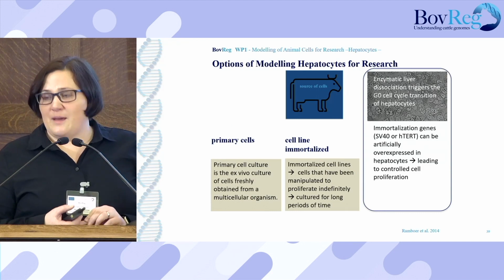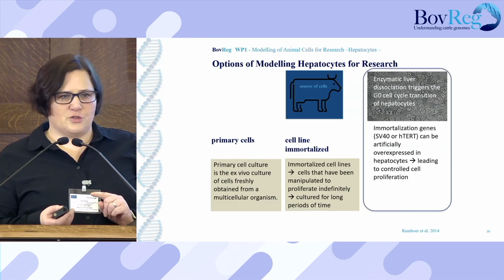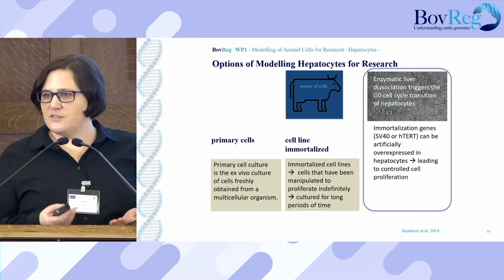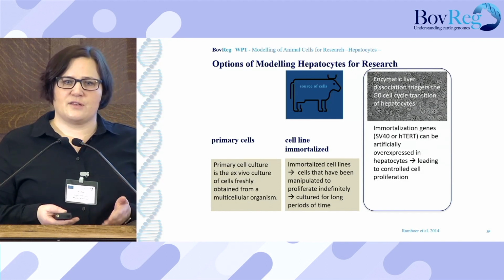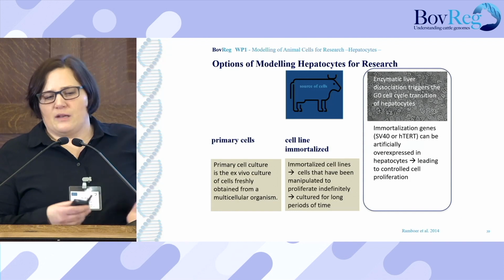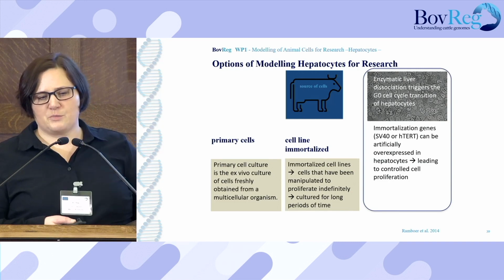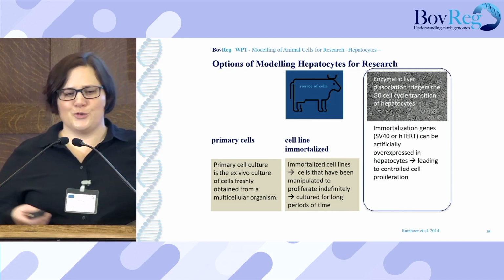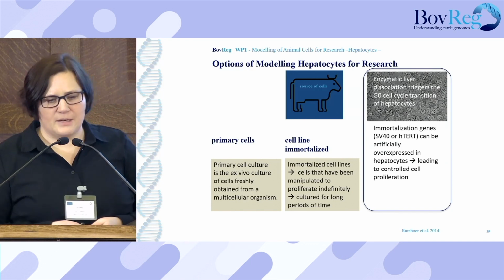We know in hepatocytes specifically that the enzymatic liver digestion we use triggers the G0 cycle transition of the hepatocytes, so therefore they arrest in this growth arrest. We can insert immortalization genes like HTERT in order to overexpress it, and then we hope to lead to a controlled cell proliferation.